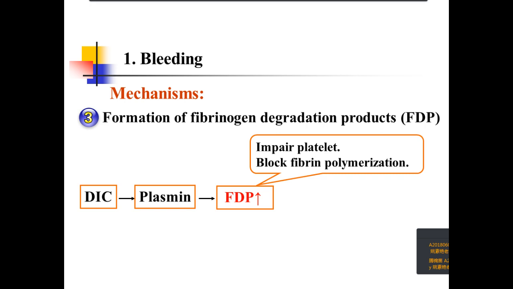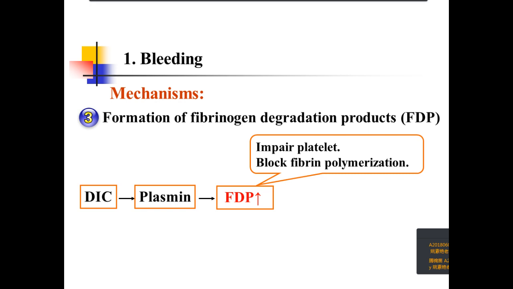So during the second stage, coagulation factors and platelets decrease, so coagulation function decreases and bleeding happens. Now the second, during the secondary fibrinolytic stage, because the fibrinolytic system is activated, plasmin increases, so coagulation function decreases and bleeding happens.